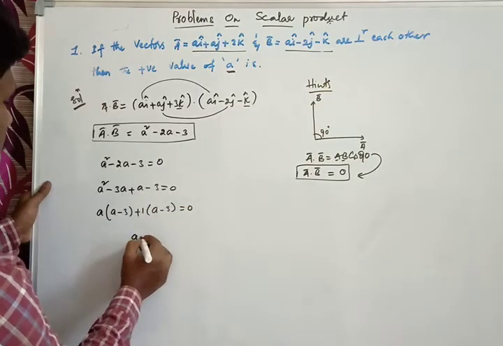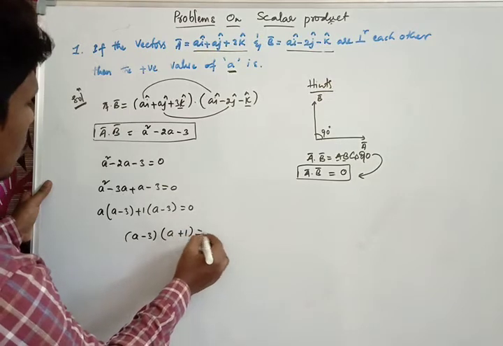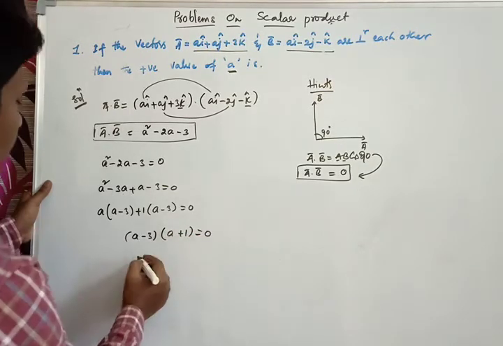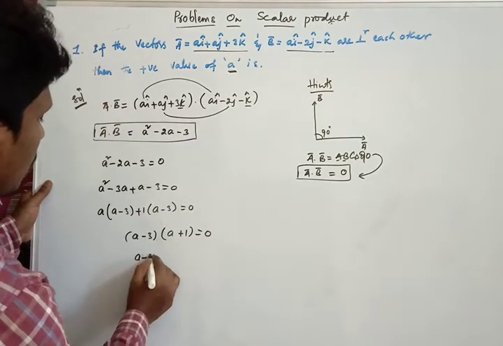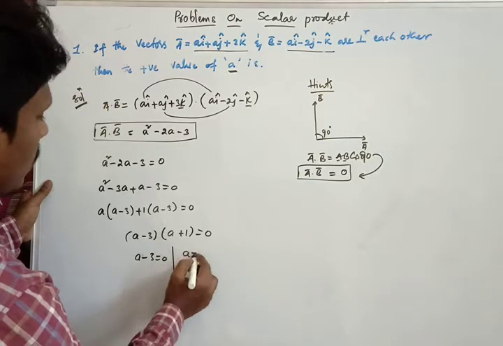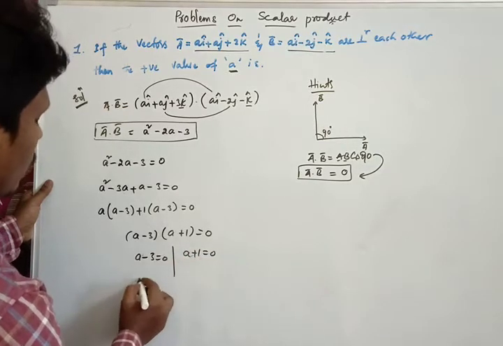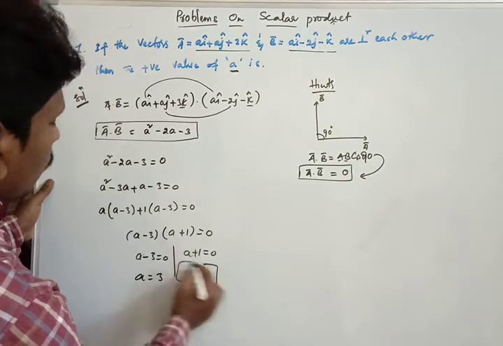Then we can write it as a minus 3 into a plus 1 equal to 0. So a minus 3 equal to 0, a plus 1 equal to 0, then a is equal to 3, a is equal to minus 1.